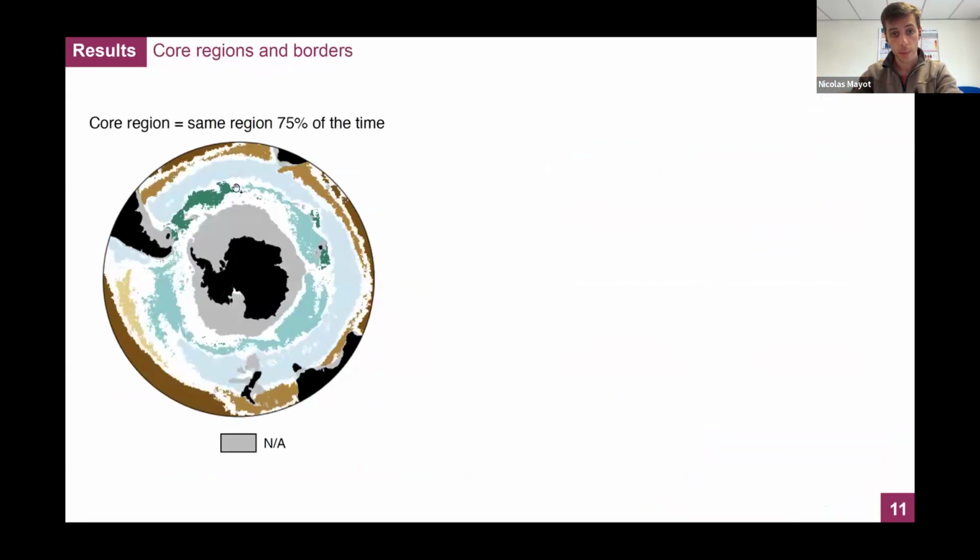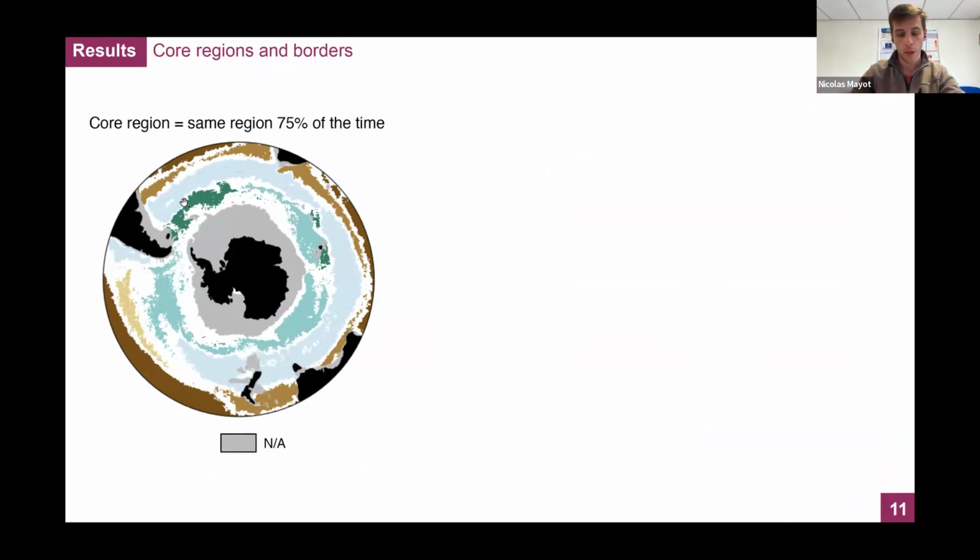And on this map here, I'm only representing the pixel in color for which it's showing the same region 75% of the time. So it's like regions that are very stable, but if for every year, if you take one pixel, you have 75% of chance to have this color, which is appearing. So that's what I call here the core region, like the regions that are not changing that much over time.